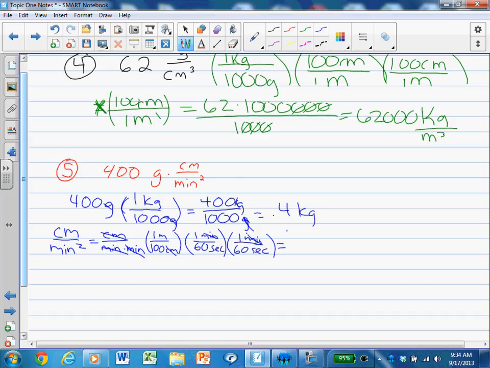That's a force. 1 meter on top. 360,000 seconds squared on the bottom. So .4.